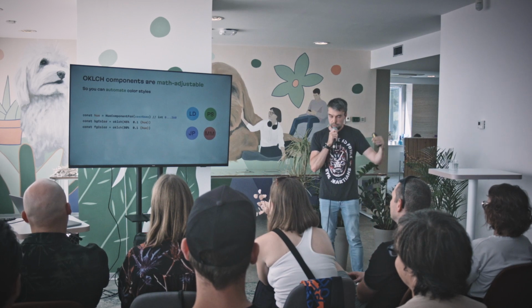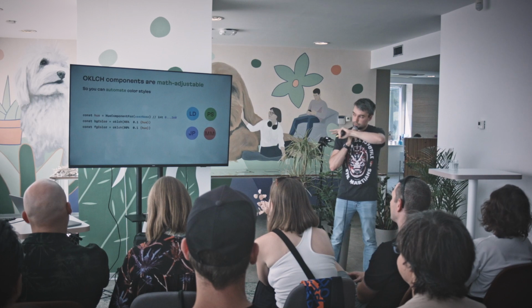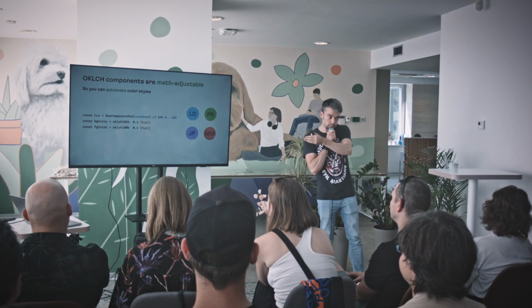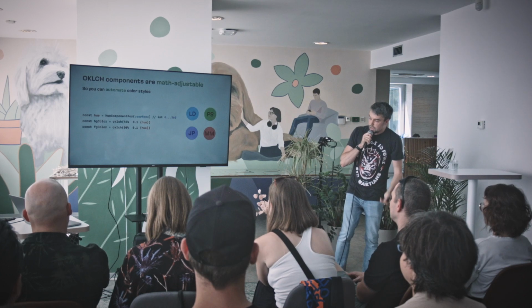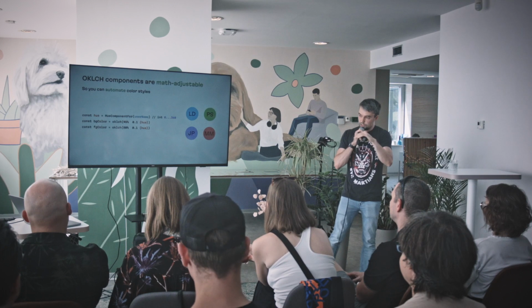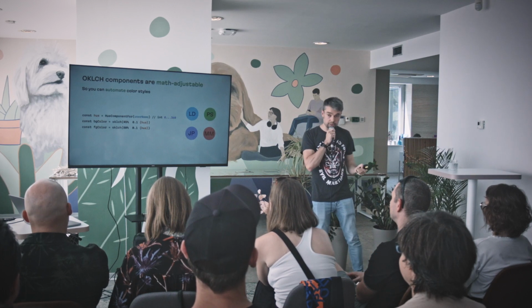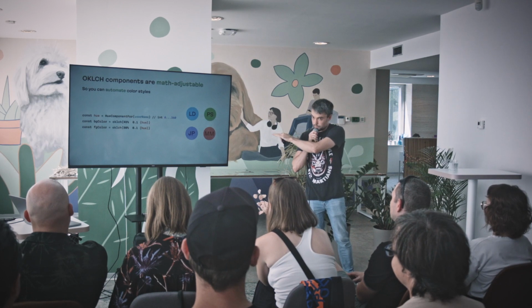After that, we feed this hue value in OKLCH notation as a hue parameter, and we get the background color. We slightly change the lightness and feed the same hue, and we get the foreground color. And all these avatars will be automatically generated for you.